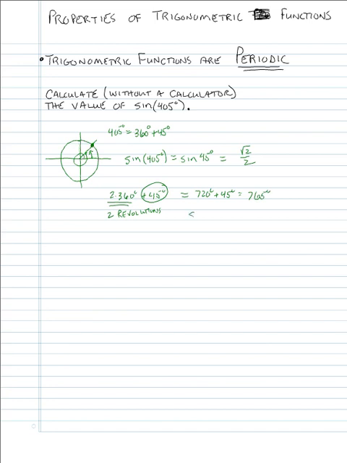And so the sine of 765 degrees is also the same as the sine of 45 degrees, because we just made 2 revolutions and then 45 degrees more.